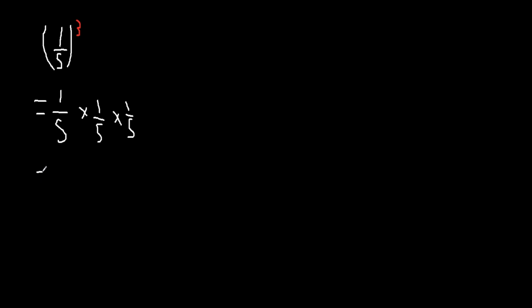So our product will therefore be 1 over 125. And that's because we write this out in expanded form like this because we have the 3 here, which is our exponent, and that tells us that we must use the 1/5 3 times in the multiplication. And that's why we end up getting 1 over 125 as our product.